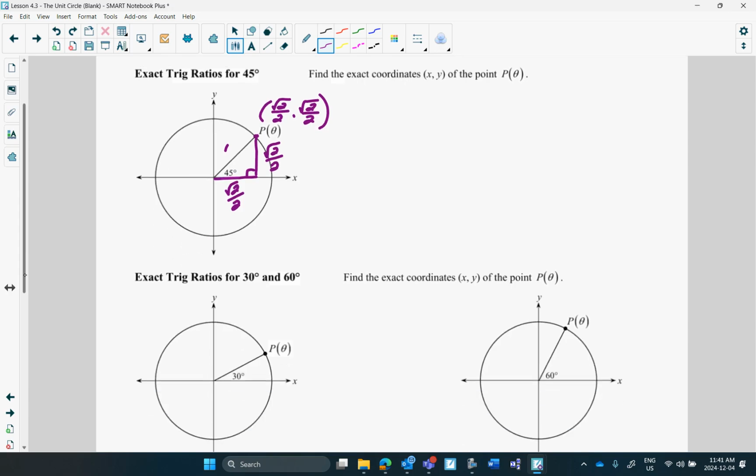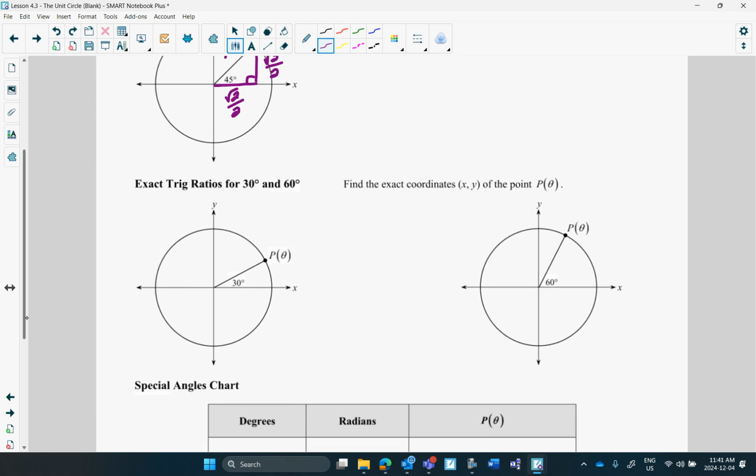If we take the other ones, if we plug the 30 degree one in, that's 60 degrees. What are the lengths again? What's this length? 1. Always 1. What's this one? Root 3 over 2. Remember, root 3 over 2 is bigger than 1 half. It's larger, so it must represent the longer side. And this is a half.